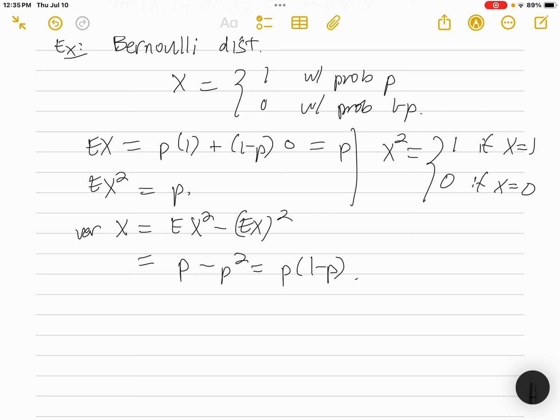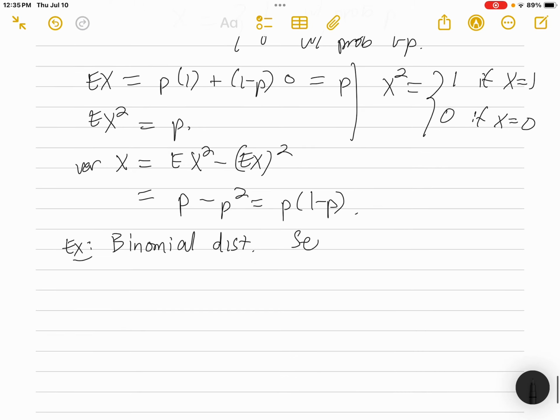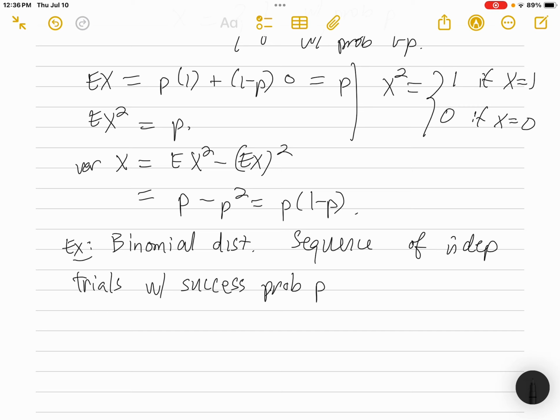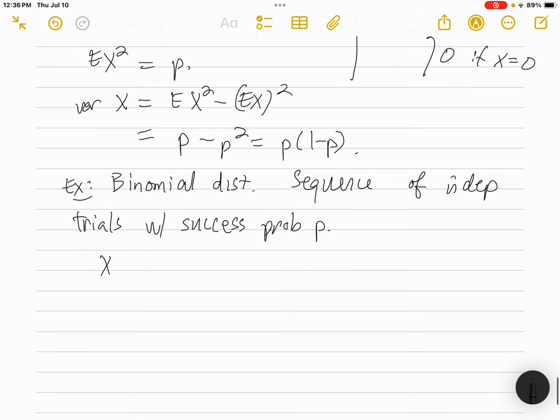Okay, so now let's apply this to the binomial distribution. Suppose that we have a sequence of independent trials with success probability p, and let xi be 1 if the ith trial is a success, and 0 otherwise.